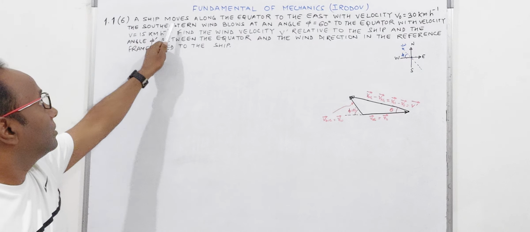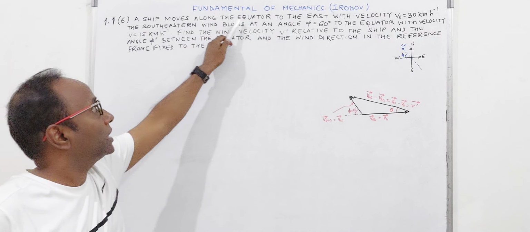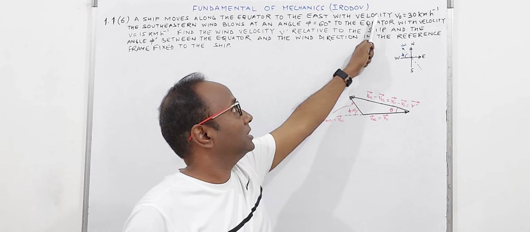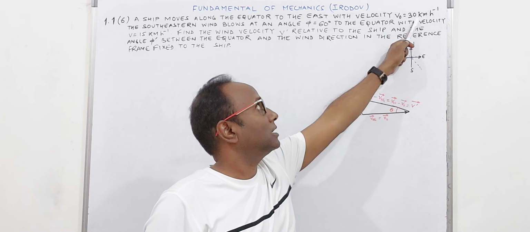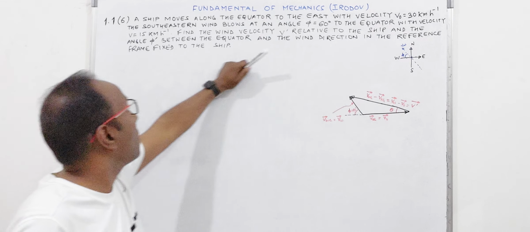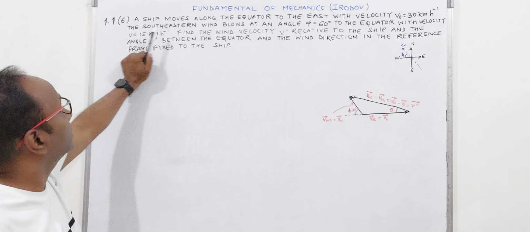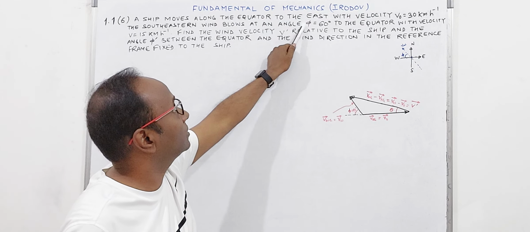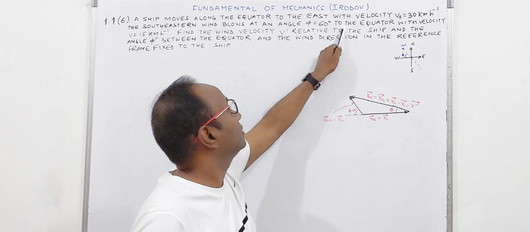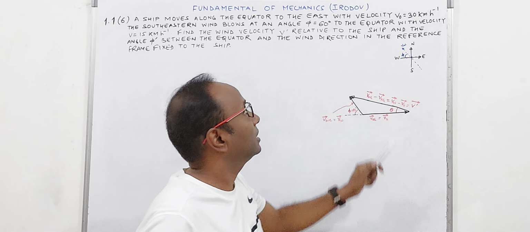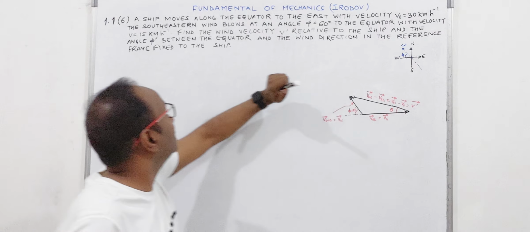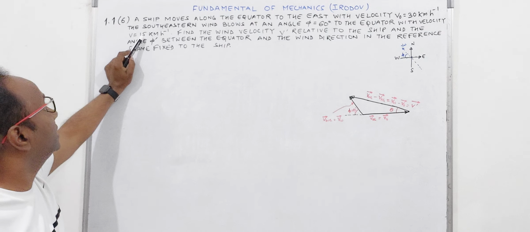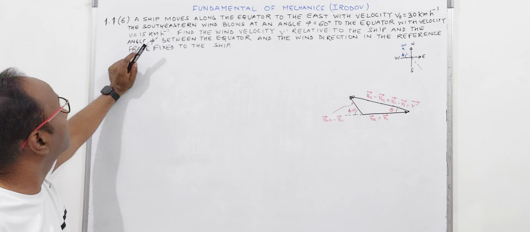A ship moves along the equator to the east with velocity v0, that is 30 km per hour. The southeastern wind blows at an angle phi equal to 60 degrees to the equator with velocity v, that is 15 km per hour.